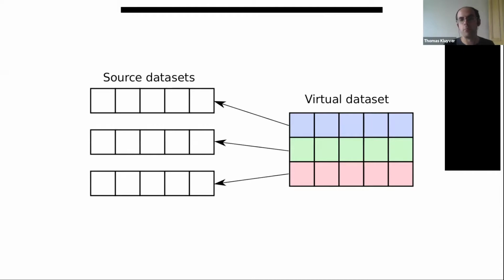So what's actually stored in the virtual data set is just a set of links saying this piece of the virtual data set comes from this data set over here. And for the code reading from this data set, it's transparent, so it just looks like a normal HDF5 data set. You use the same HDF5 APIs to open it and select data from it. But internally, it doesn't have the actual data.